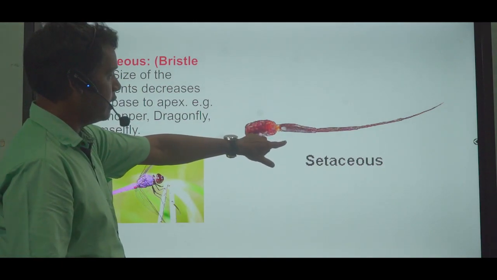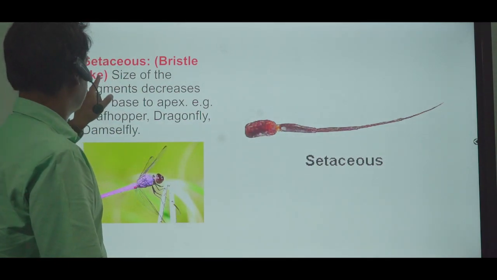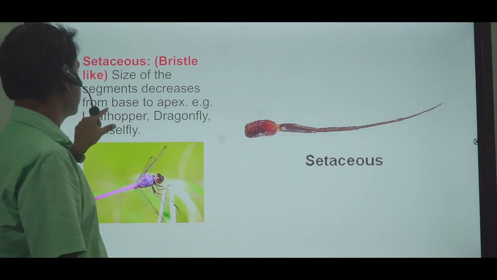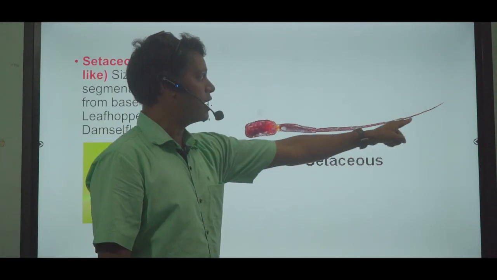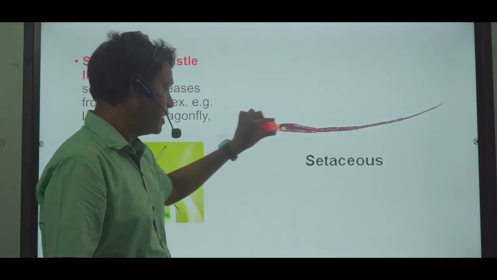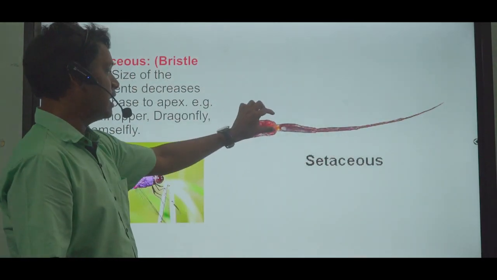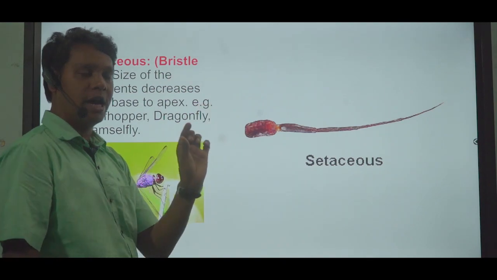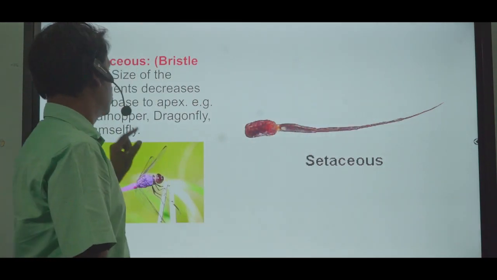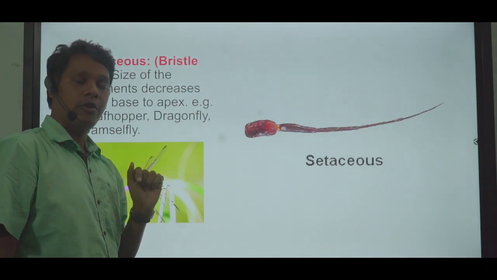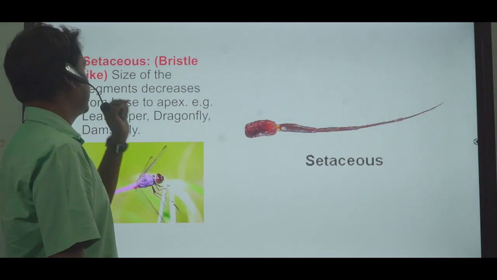As you can see in this figure, the size of the segments decreases from base to apex. This is the base of the antennae, and towards the apex the size is decreasing. Initially at the base the size is broader, and gradually it decreases towards the tip. So that is why this type of antennae is known as setaceous antennae.